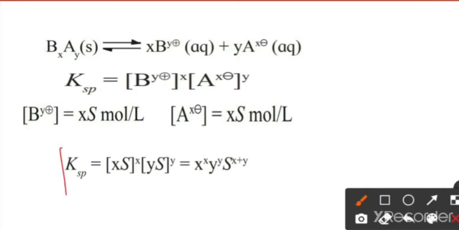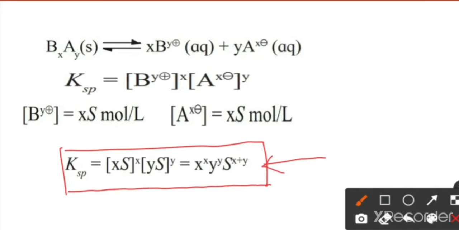And this is the relation between solubility product and solubility: x raised to x into y raised to y into S raised to x plus y.